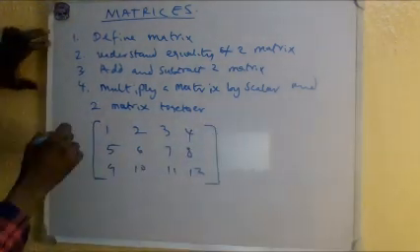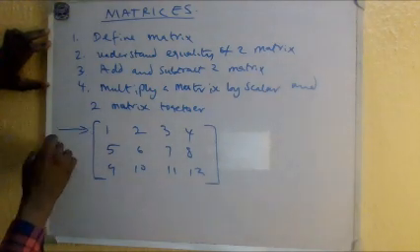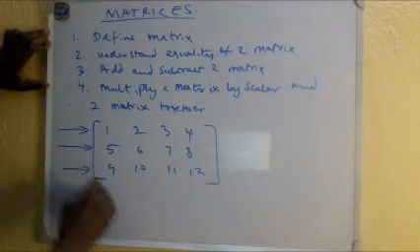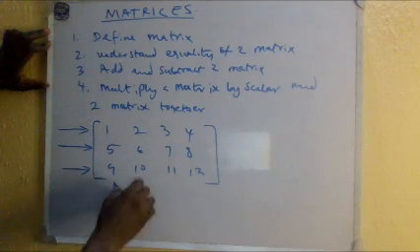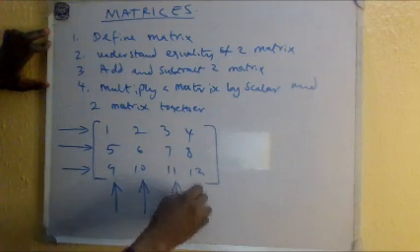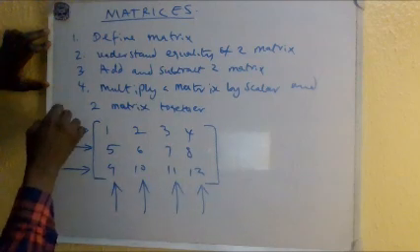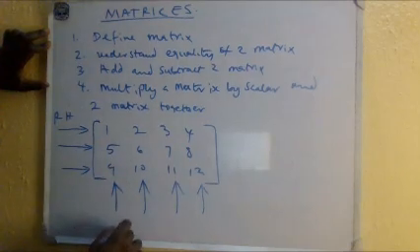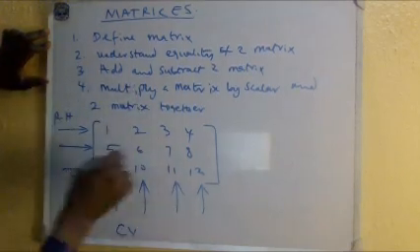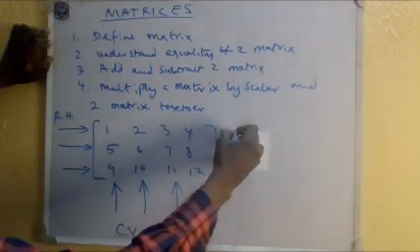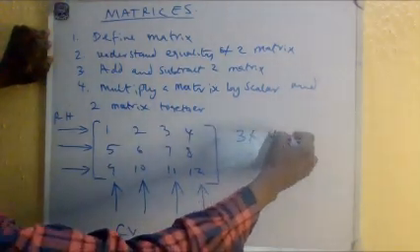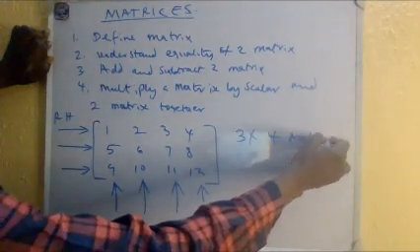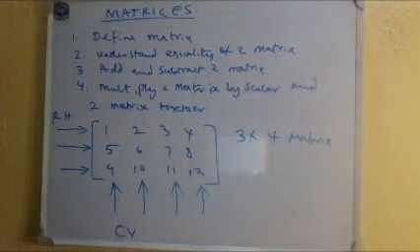So I have 3 rows, 1, 2, 3, and I have 4 columns, 1, 2, 3, 4. Just remember, row is horizontal count, and column is vertical, CV, vertical count. So this is a 3 by 4 matrix. So that's how it is.